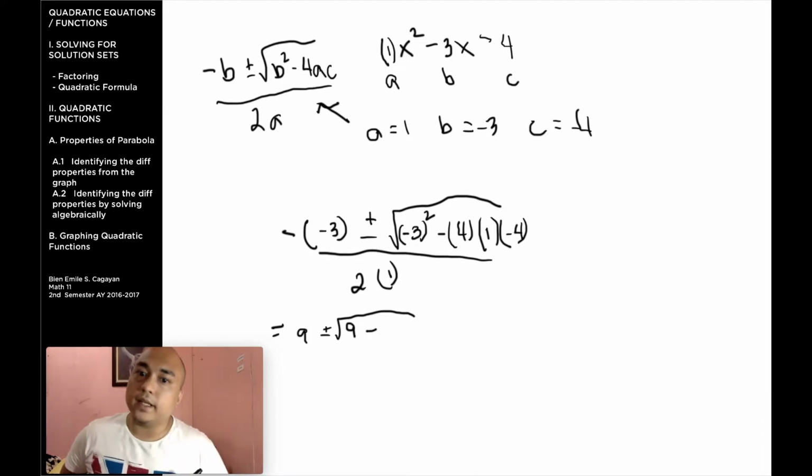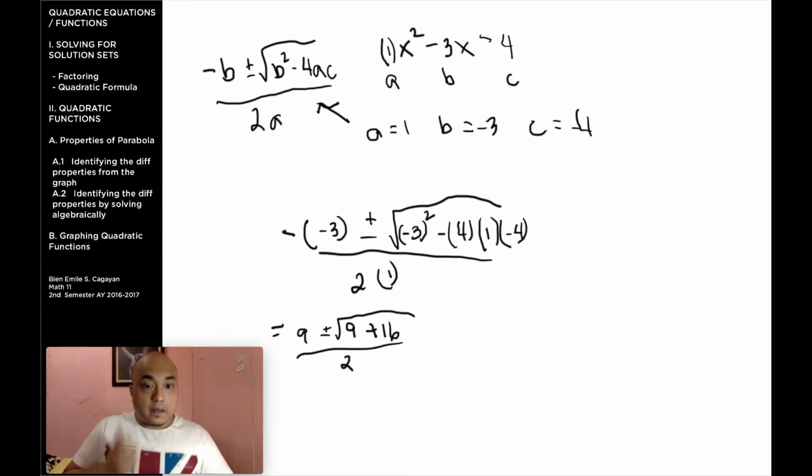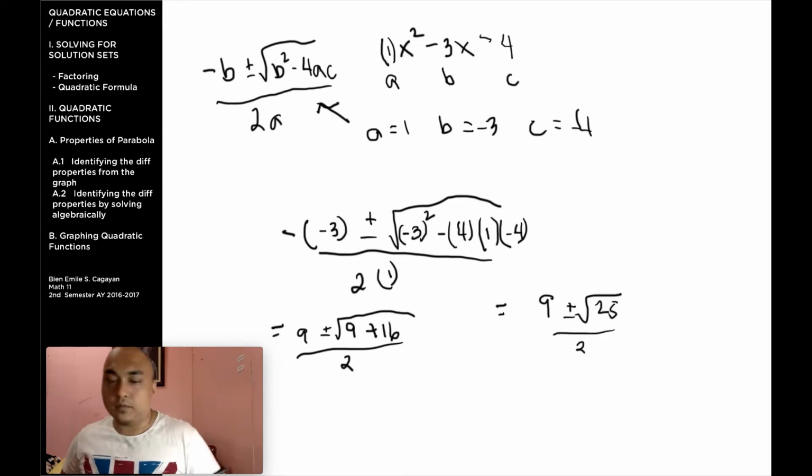Negative 4 times 1 is negative 4, times negative 4 is positive 16, over 2. That is also equal to 3 plus or minus the square root of 25 over 2. And we know that the square root of 25 is 5. So we have 3 plus or minus 5 over 2.